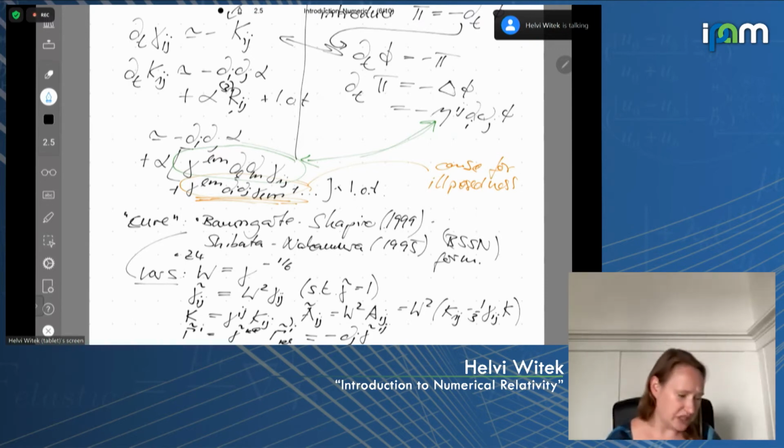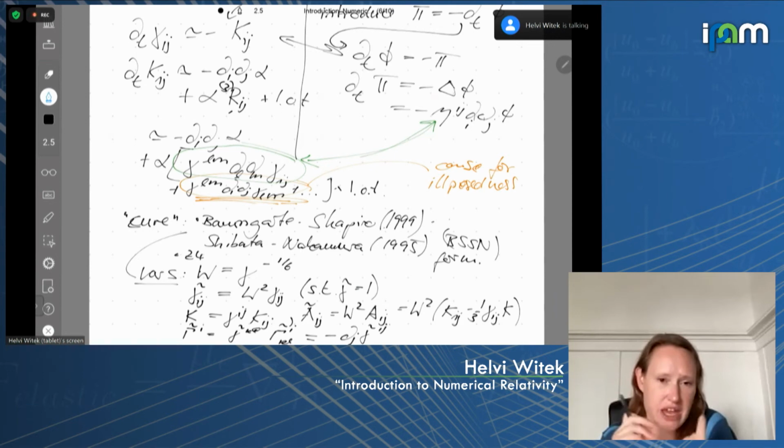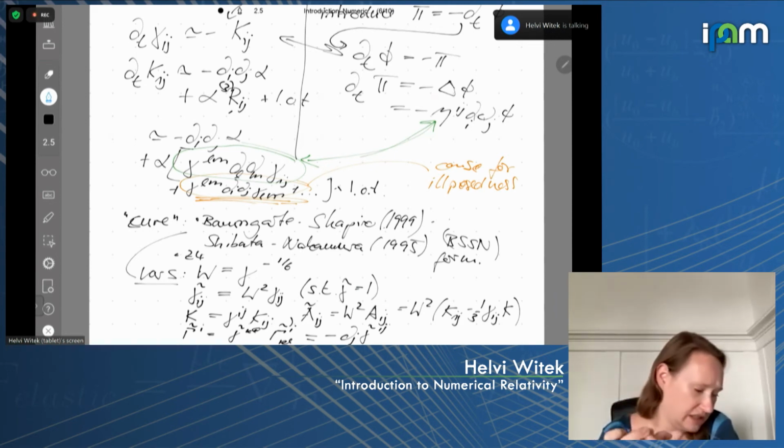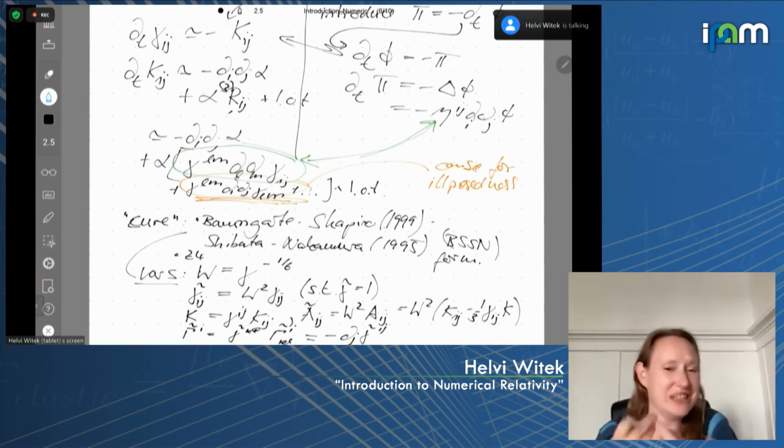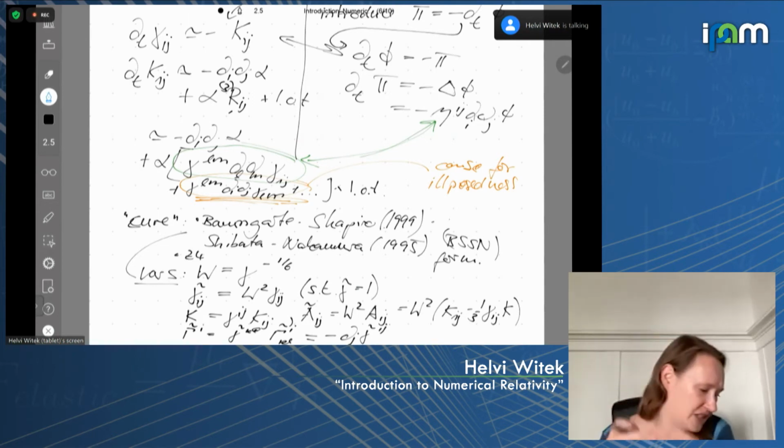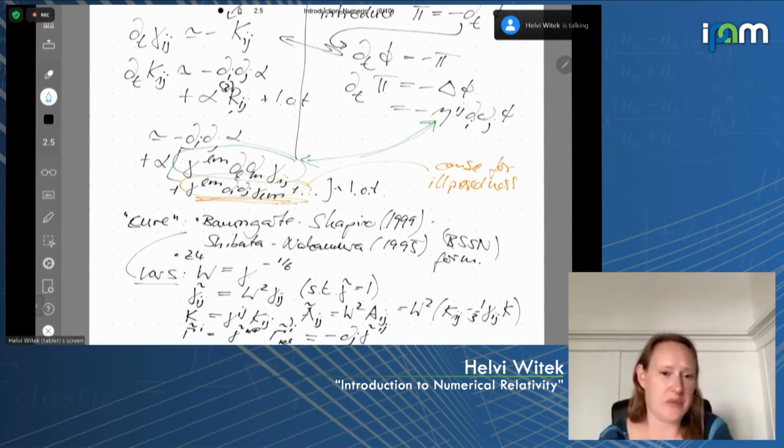Good. So these are the quantities that we have. We introduce those quantities, and then we also add the constraints, essentially adding a 0 to our equations in a smart way, such that the evolution equations that we end up with are indeed well posed. That is, if you look at the structure, then to leading order, the highest derivative terms can always recombine to give you a wave equation.